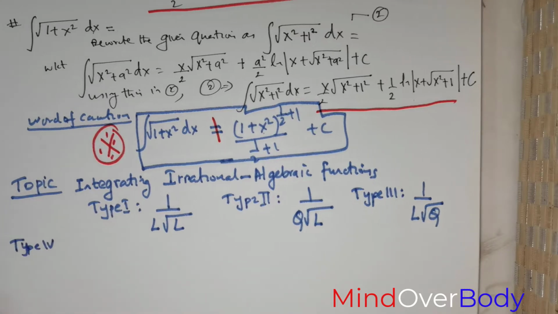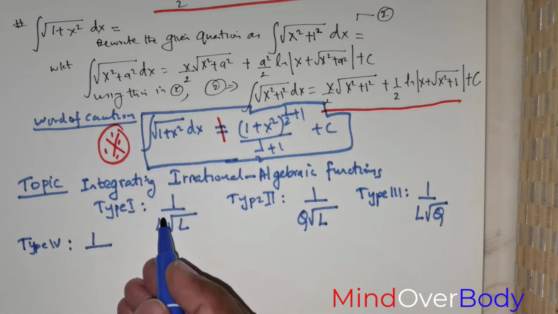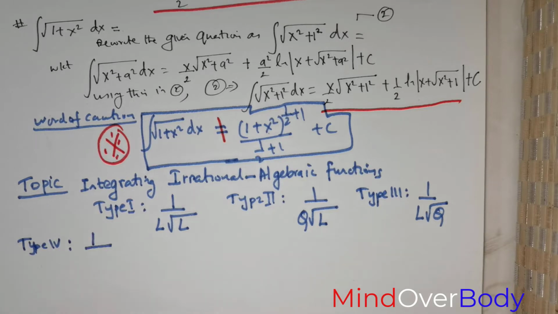In type 4, the form is 1 over a quadratic times the root of a quadratic function. So these are the 4 types that we would be learning to solve in this lecture.